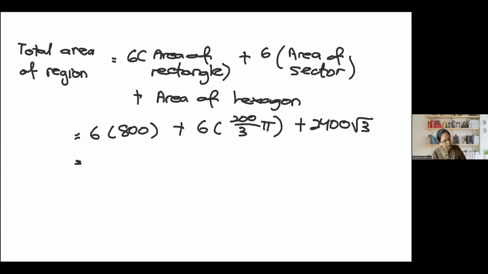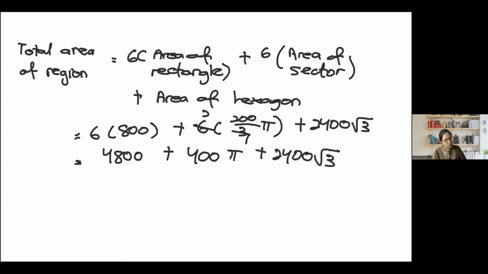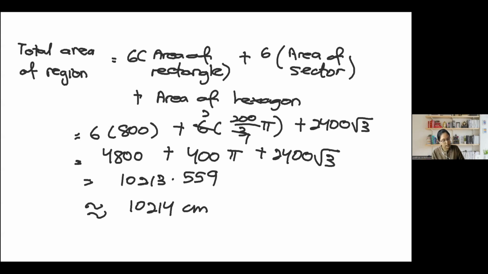If you add all of this up, this is 4800, and if you open these brackets, you get 400 pi plus 2400 root 3. So you get this as your answer. And if you press the calculator and evaluate the value, you get 10213.559. So if you want to write it down, you get 10214 cm squared. This is the total area of the region.